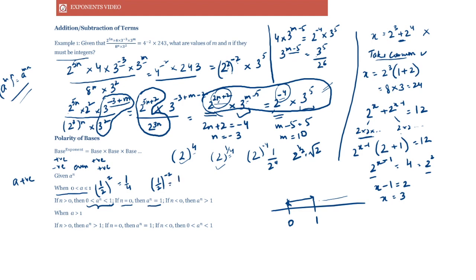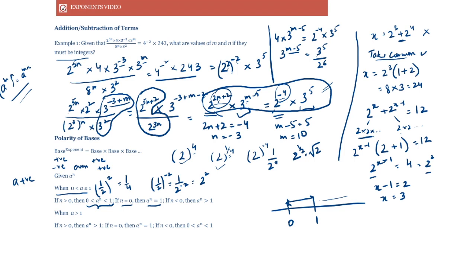This is essentially 1 upon 2 to the power -2, which is 2 to the power 2. So then A to the power n becomes greater than 1. When my base is between 0 and 1, if my exponent is a positive number, then it stays between 0 and 1. But if my exponent is a negative number, then the term becomes greater than 1.